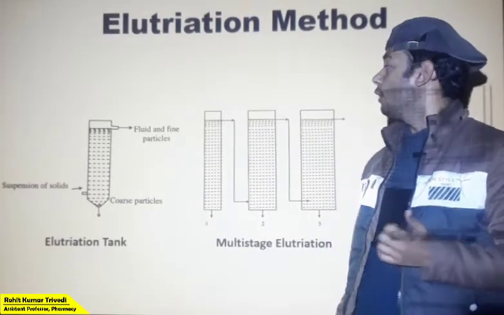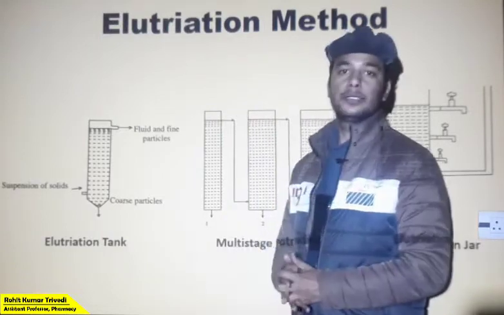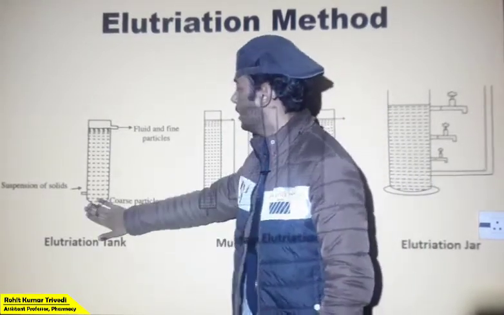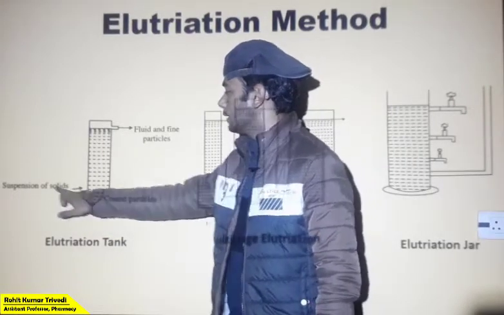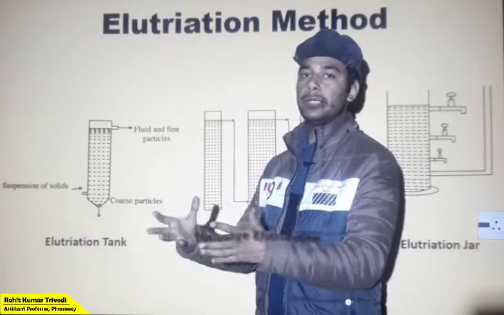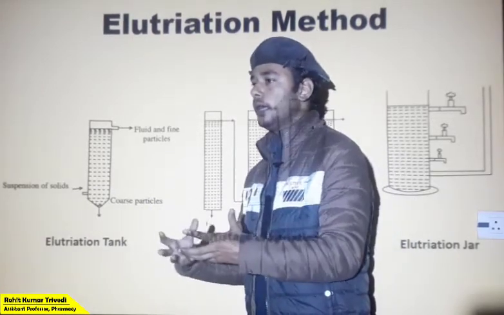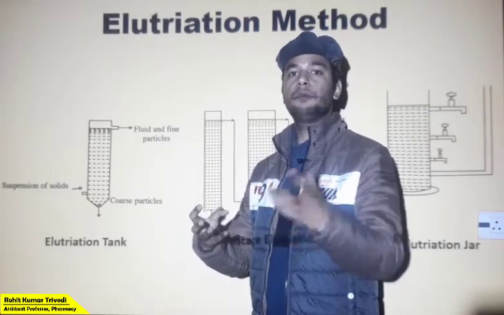First of all, the elutriation tank. We will be having a tank in which, from the bottom, there is the entry of the suspension of the solid material that we will be separating. Basically the solid material of different sized particles will be mixed with water, forming a suspension.